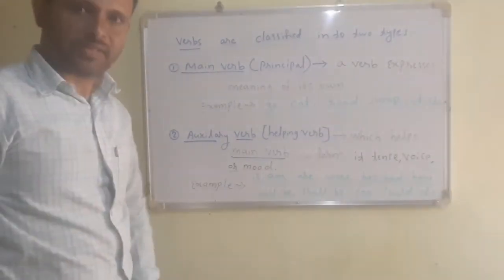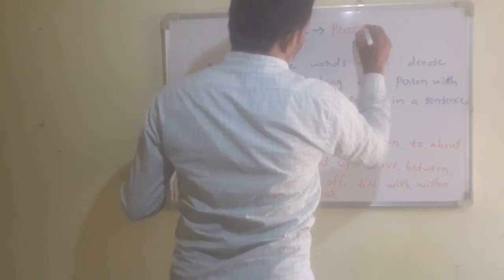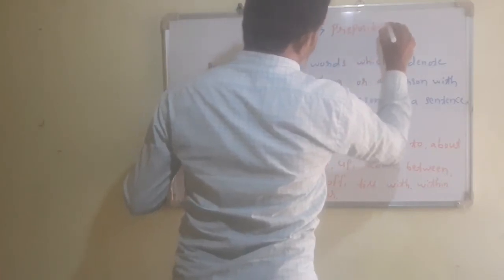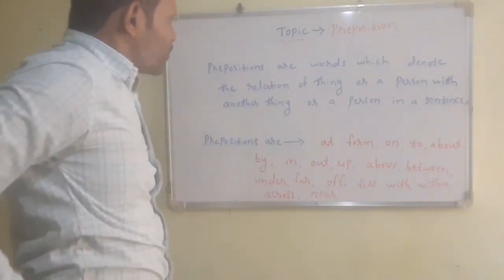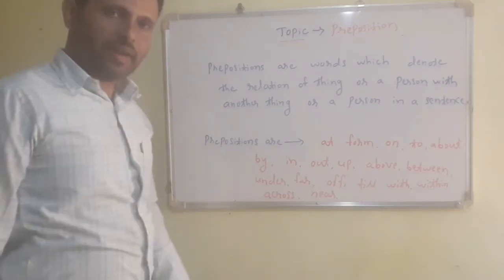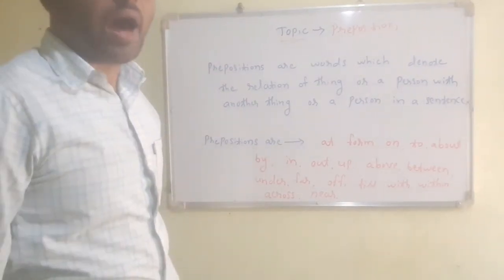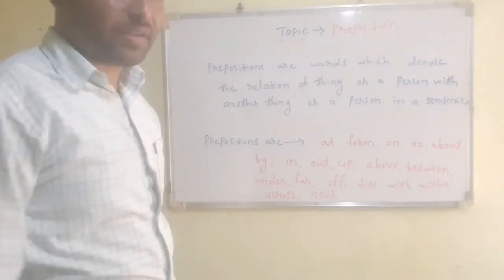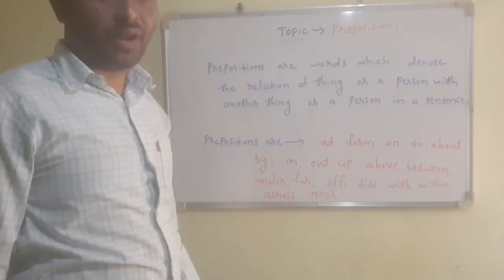Now we are going to discuss another part of speech: preposition. Prepositions are the words which denote the relationship between a thing or a person and another person or thing.